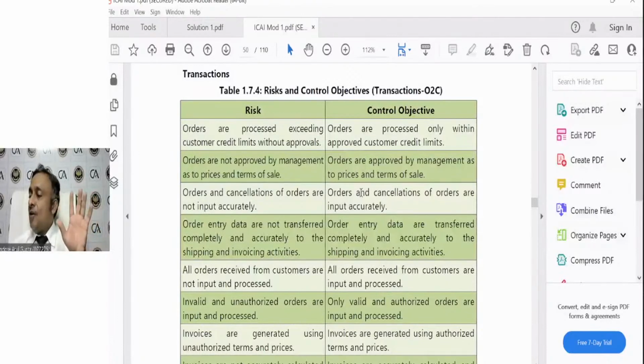Yes, Anand. When the total order value exceeds the customer credit limit threshold, the system should block. Very good. This e-chocolate goes to Anand. So there has to be a mechanism of budgeting, controlling that credit amount that you can make due on a customer. Fraud, collusion, invoices not recorded. Fantastic. So orders are processed exceeding customer credit limit without approval, indicative of fraud. Someone has done it. Orders are not approved by management at prices and terms of sale.